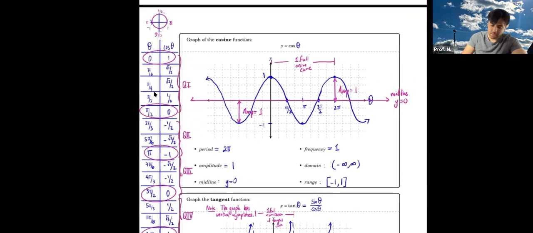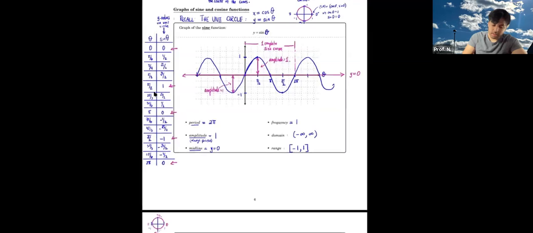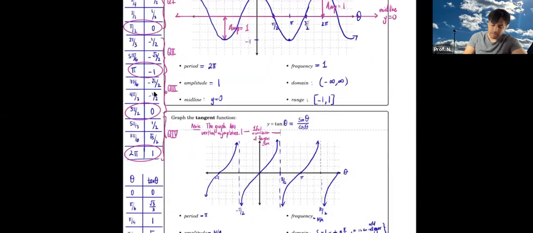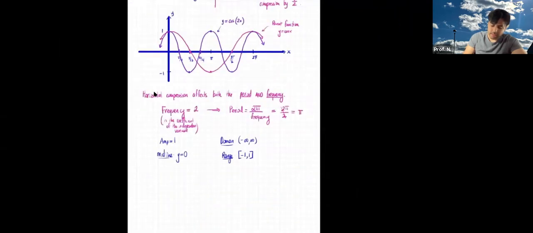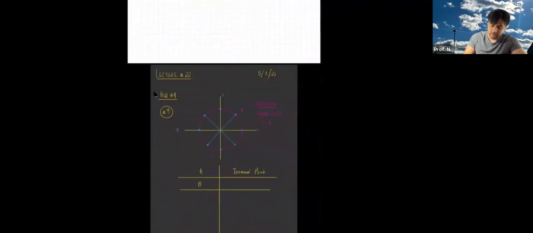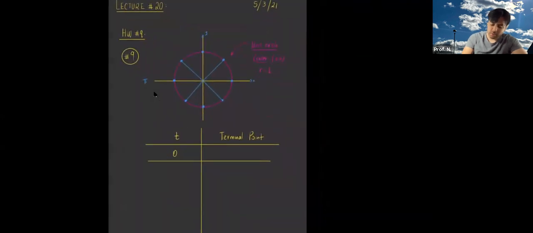We didn't do this exactly with the coordinates, but okay, I see. So the idea is, if you start at 0 degrees, what are my coordinates? If I'm right here, what's the coordinates here? Isn't it 1, 0? Right? So then isn't this 1, 0?